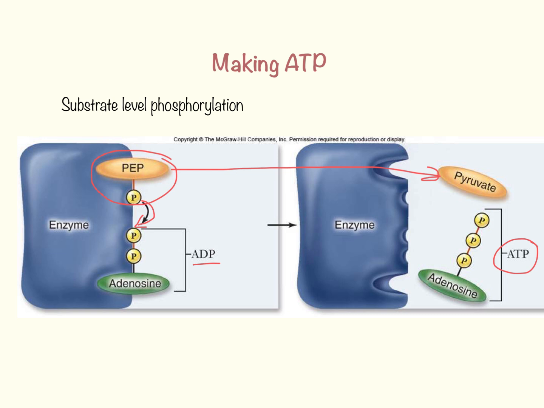So phosphorylation simply means yanking a phosphate off one thing and sticking it on another, and it's done to a substrate in the pathway. The second way of making ATP is called oxidative phosphorylation with chemiosmosis. This is where ATP is made using a proton gradient and an enzyme called ATP synthase. I will describe this method later in the pathway.